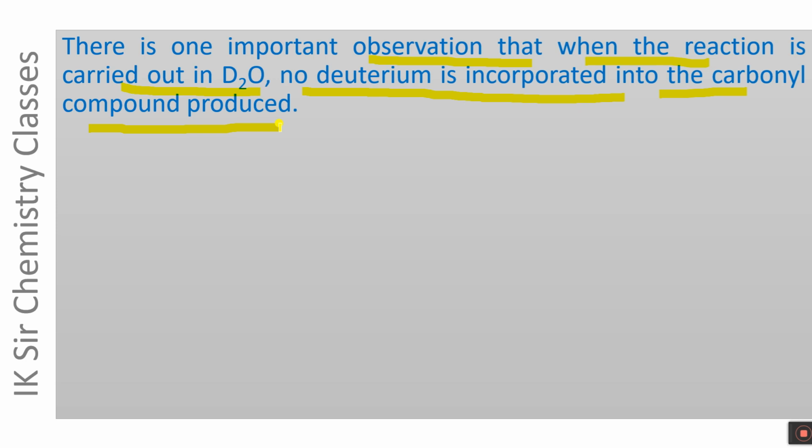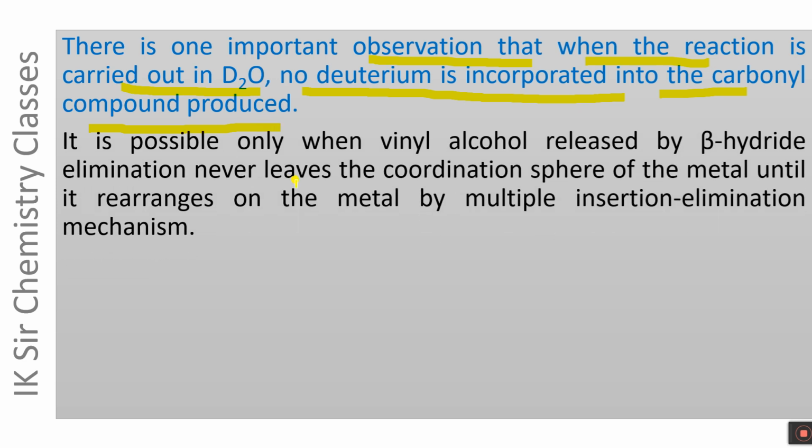This is possible only when the vinyl alcohol released by beta hydride elimination never leaves the coordination sphere of the metal until it rearranges on the metal by a multiple insertion elimination mechanism.